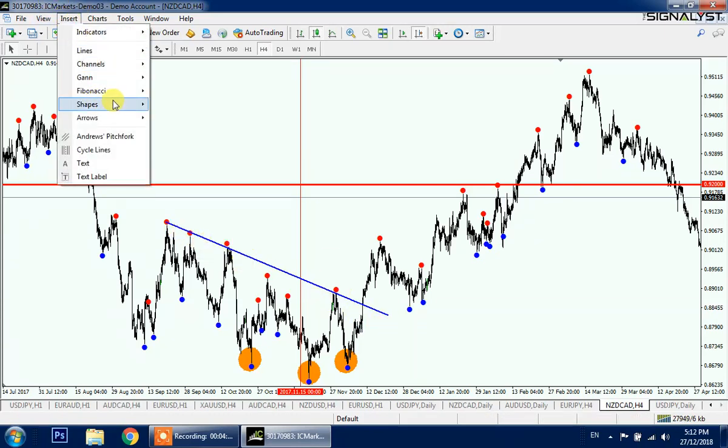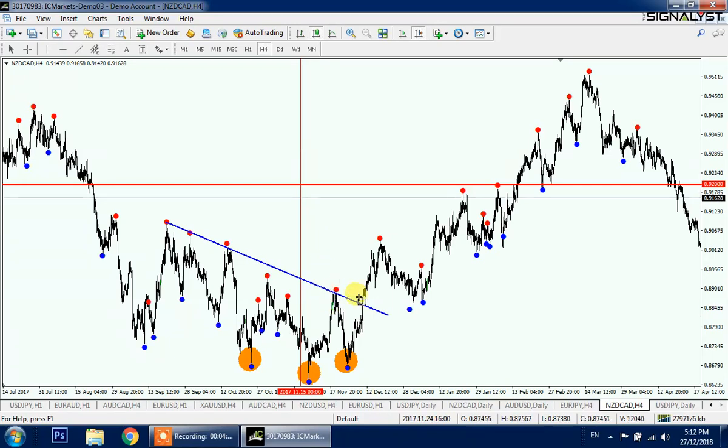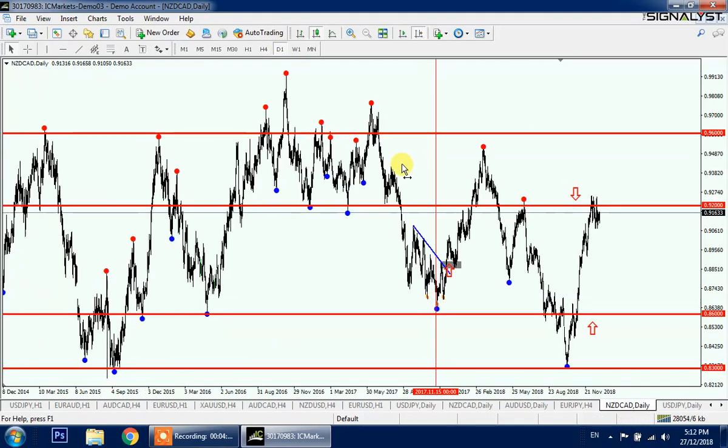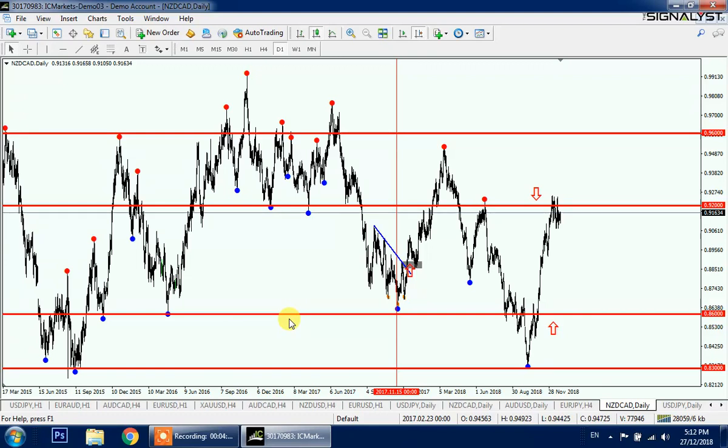Our last swing standing is, as usual, the last dot used to draw the trend line, and here we can go for a long entry from here. So we've got 1 confluence, 2 confluence, and the third confluence was the support level rejection here.